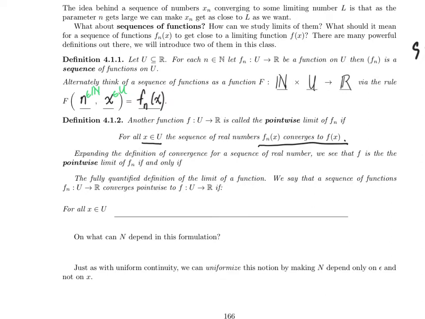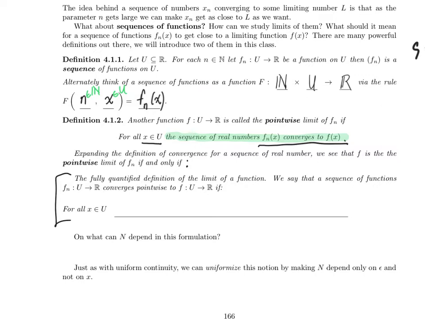So expanding the definition of convergence, I know what it means for a sequence of real numbers to converge. So let's just expand that definition. If I expand that, I get a fully quantified version of this definition.